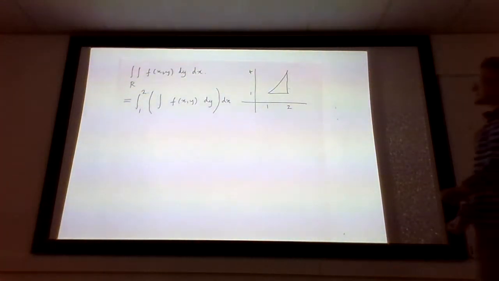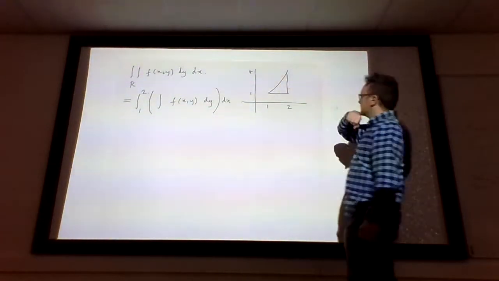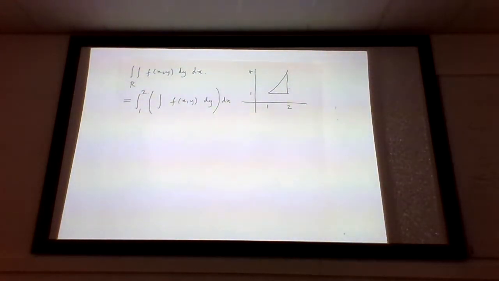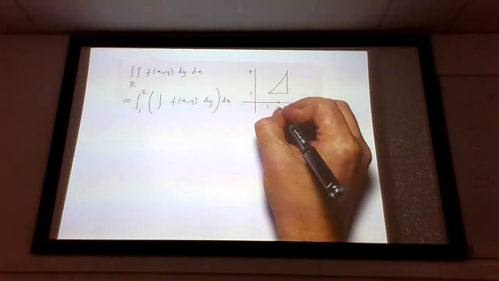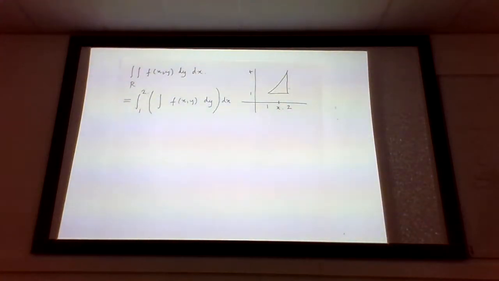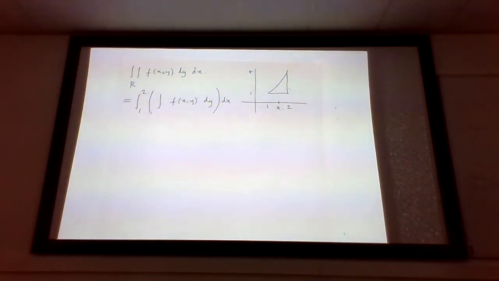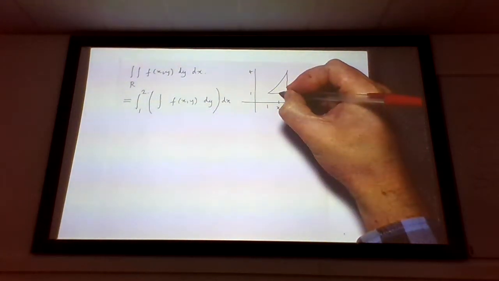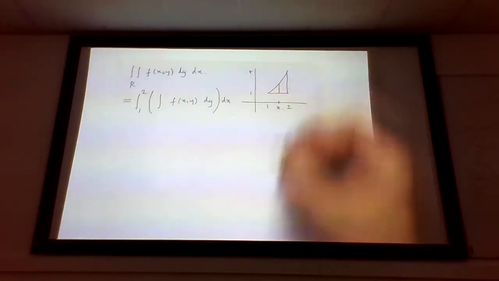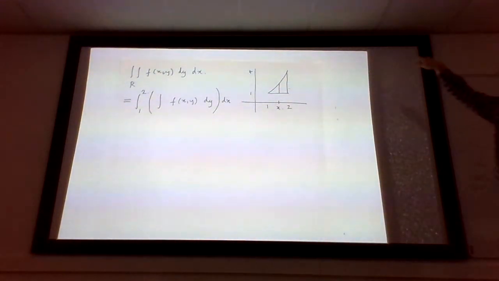And then you imagine a typical x value here in the middle. All x values between 1 and 2 really behave the same. Above a typical x value is a cross-section through the region.